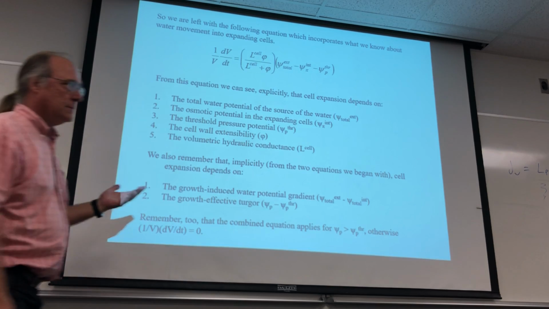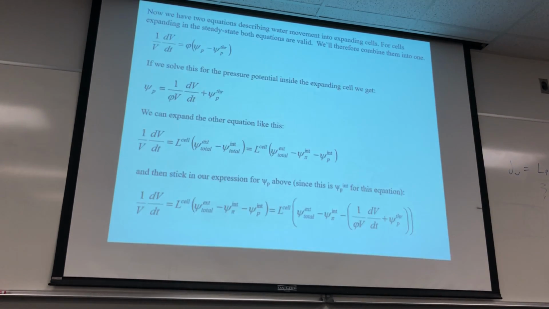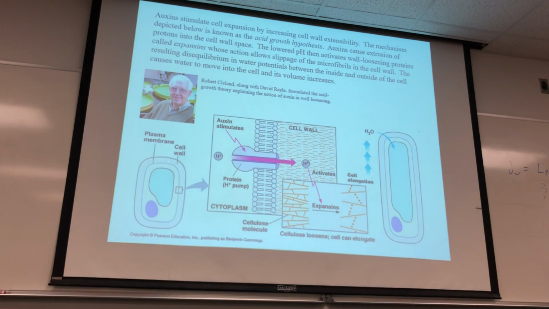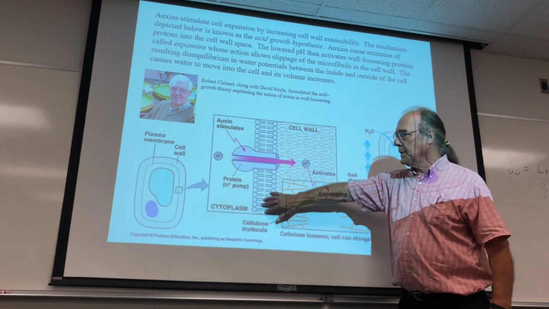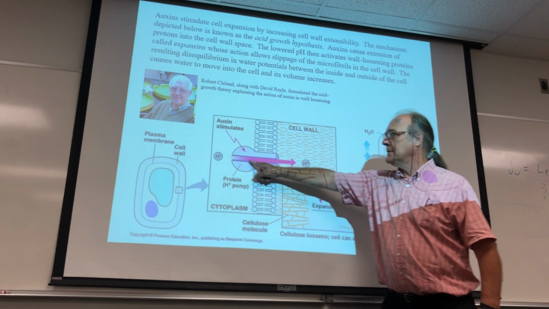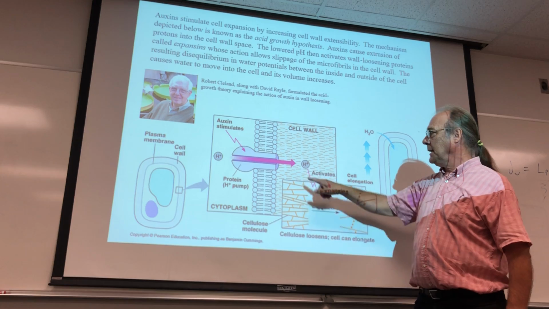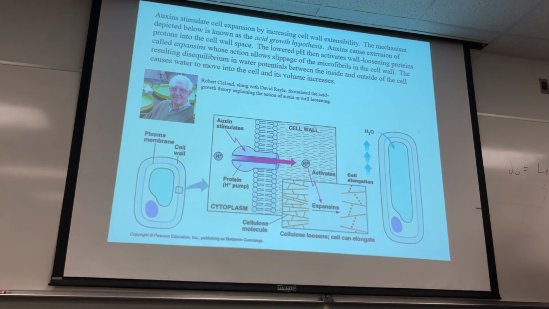In the acid-induced growth hypothesis, remember, was that back here? Yeah. It's thought that auxins increase cell wall extensibility by binding with something in the membrane that stimulates extrusion of protons into the cell wall spaces, changes its pH, and activates these enzymes that cleave the bonds in the wall.